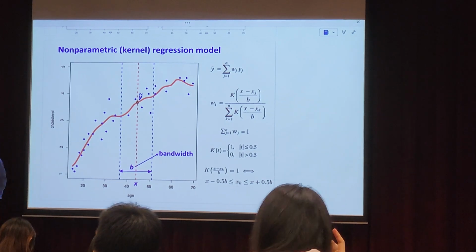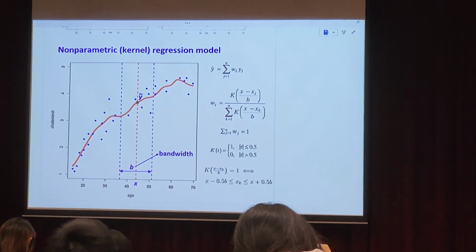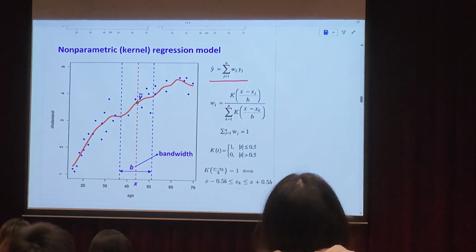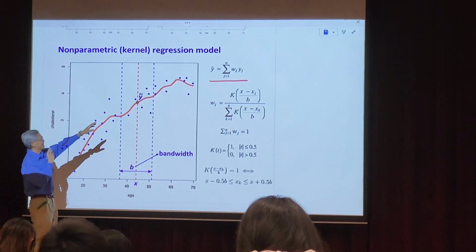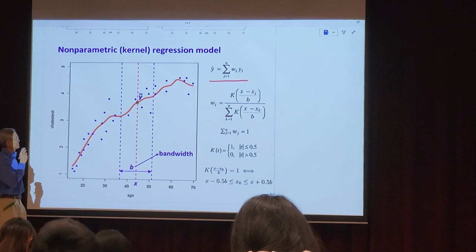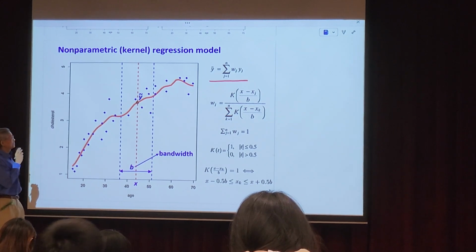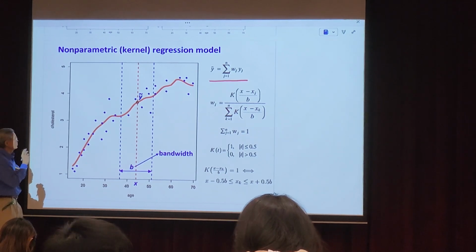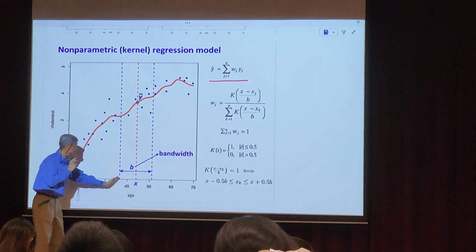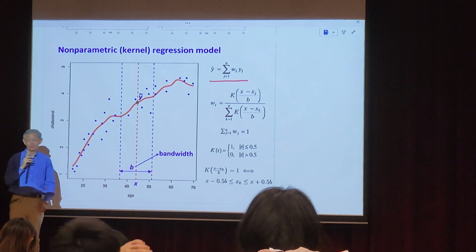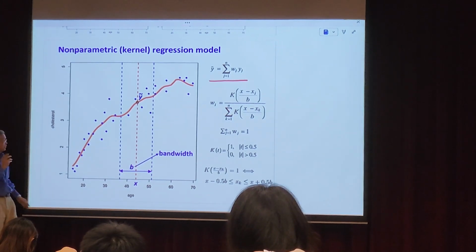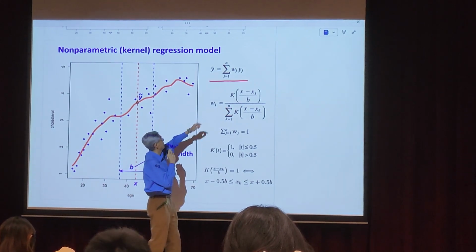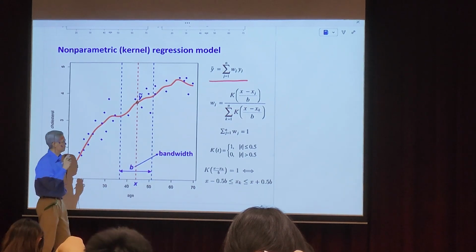So in a way, Y tilde is weighted, it's just a sum of Wj times Yj. So for all the points here, Wj will be 0. Okay?